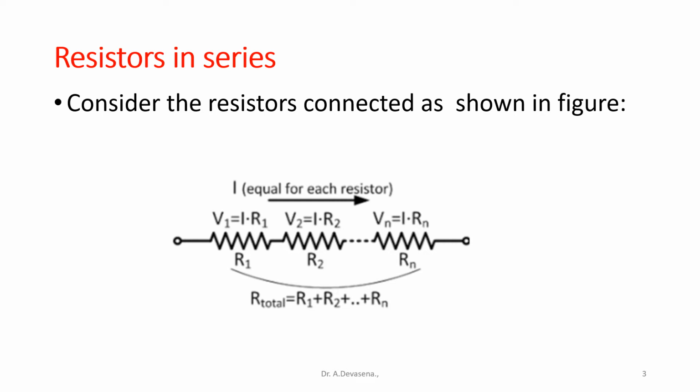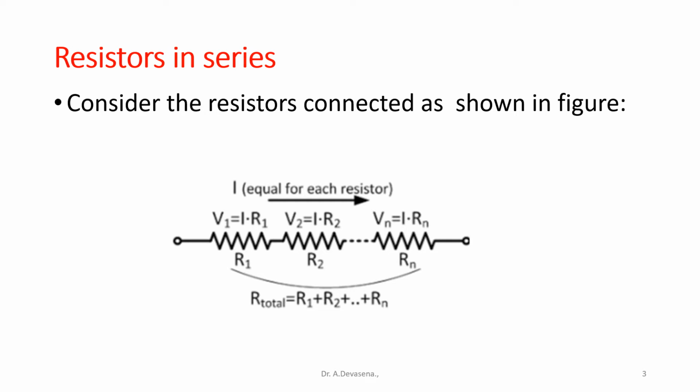The other end of the resistor R1 is connected to R2's one end, and the connection goes on as shown in figure. And for all these resistors, the current I is same. That is, equal amount of current is flowing to each resistors.